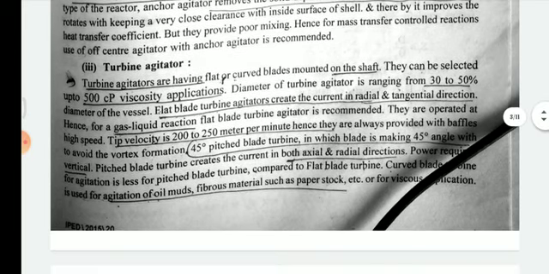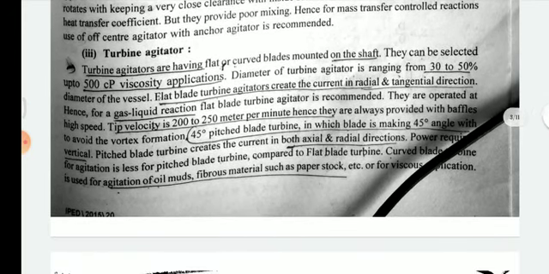The diameter of a turbine agitator ranges from 30 to 50 percent of the diameter of the vessel. Generally, the diameter should be kept in the range of 30 to 50 percent of the vessel's diameter.